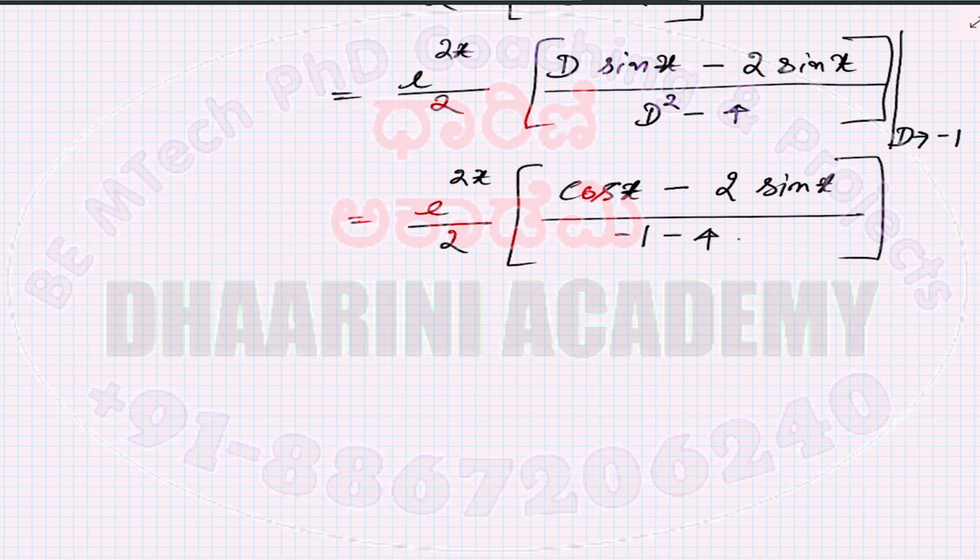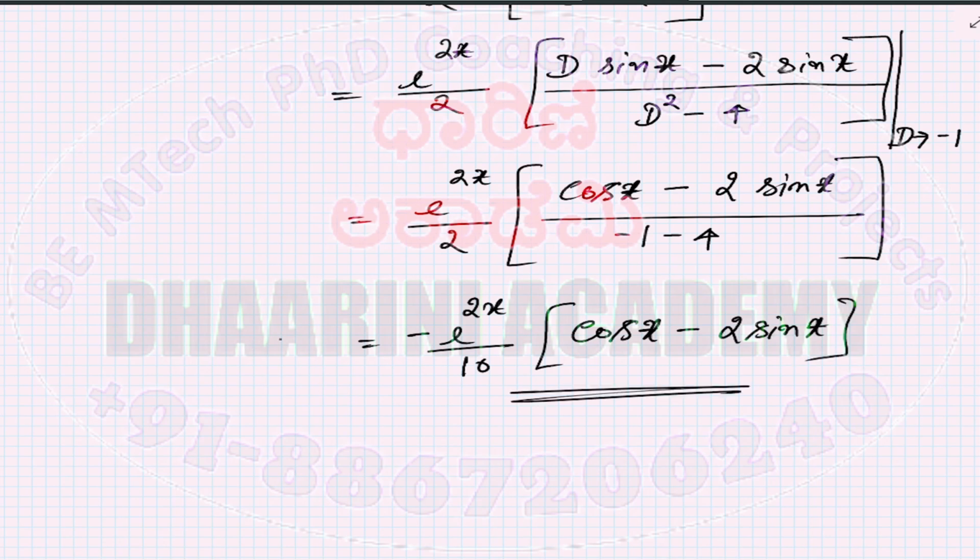So minus 4 minus 1 is minus 5. Minus 5 into 2 is minus 10 in the denominator. So I can write this as minus of e to the 2x by 10 into, this is cos x minus 2 times sin x. This will be the yp of the given question.